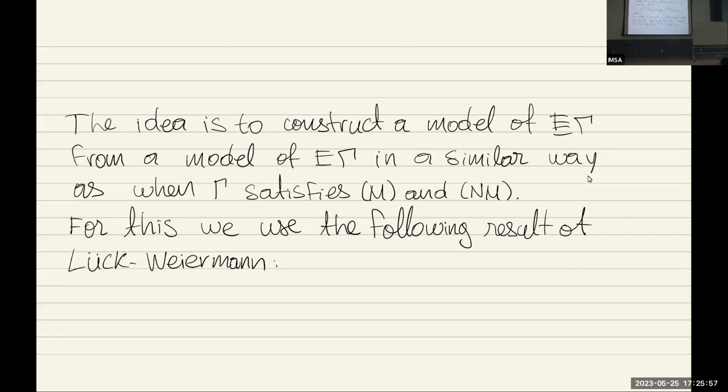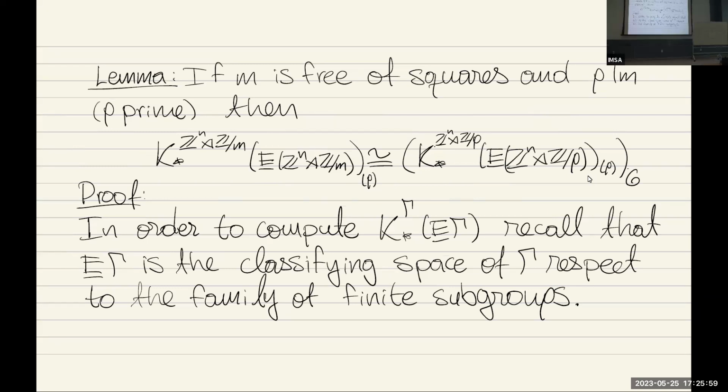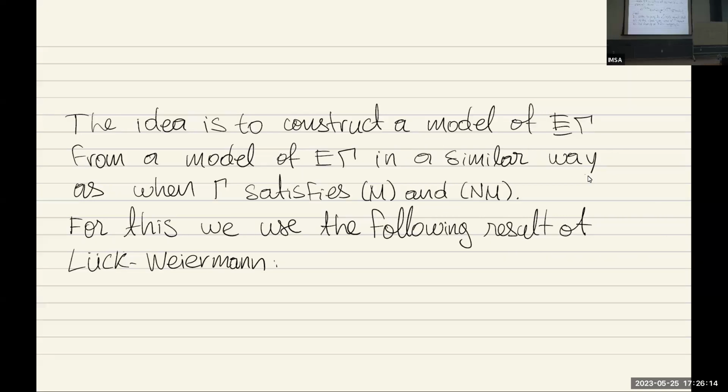In this case, note that this group does not satisfy the NM property. The group that satisfies those properties is this one, not that one.